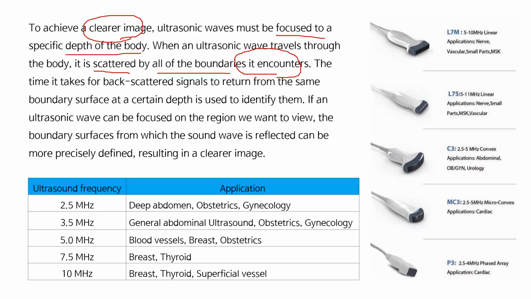So the time it takes for the backscatter signal to return from the same boundary surface at a certain depth is used to identify them. If an ultrasonic wave can be focused on the region we want to view, the boundary surfaces from which the sound wave is reflected can be more precisely defined, resulting in a clear image.